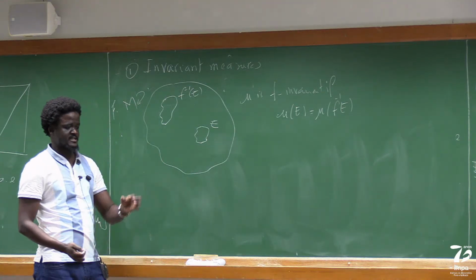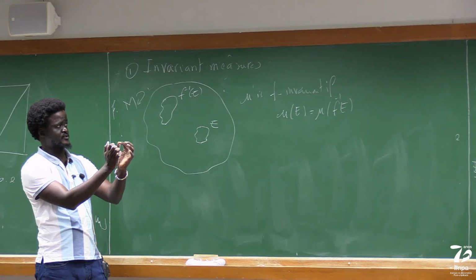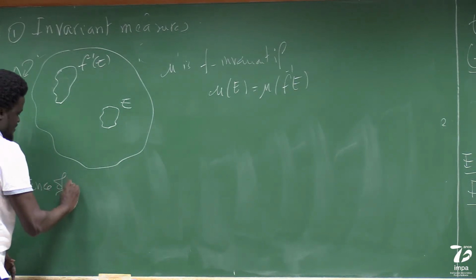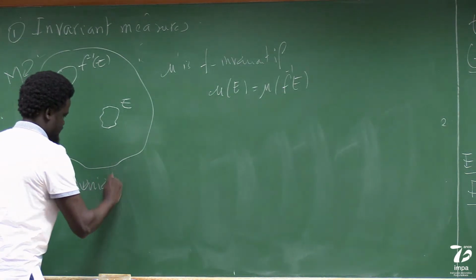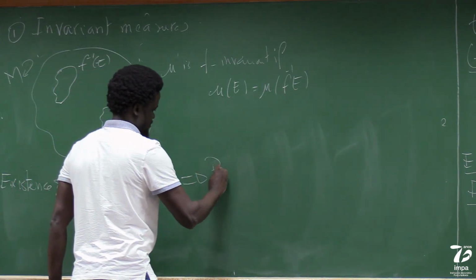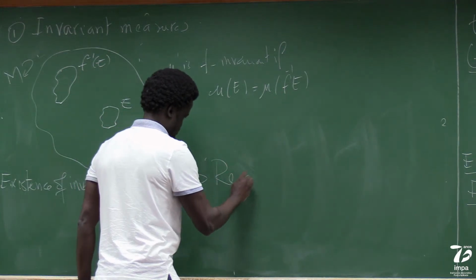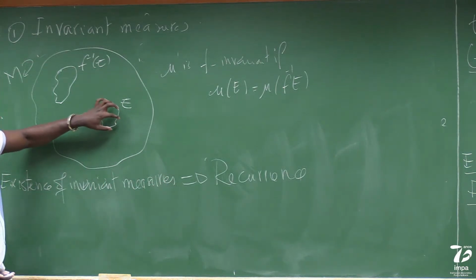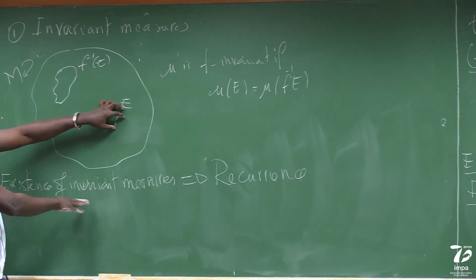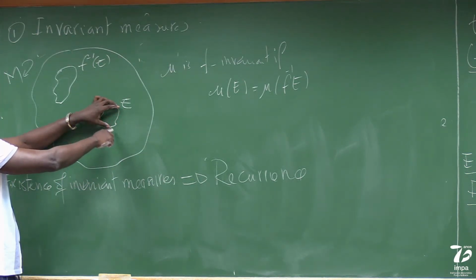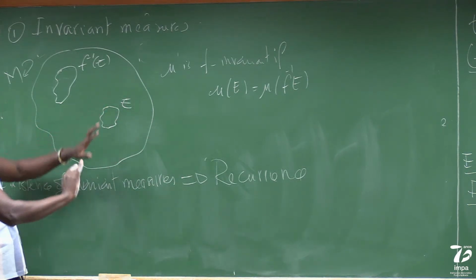The existence of invariant measures implies Poincare recurrence. Recurrence just means that points keep coming back. If you look at a set with positive measure with respect to an invariant measure, the points in this set tend to come back always to this set. We will see this.